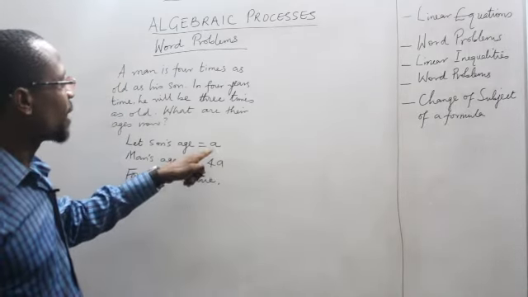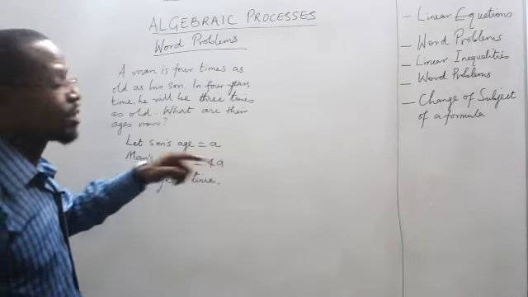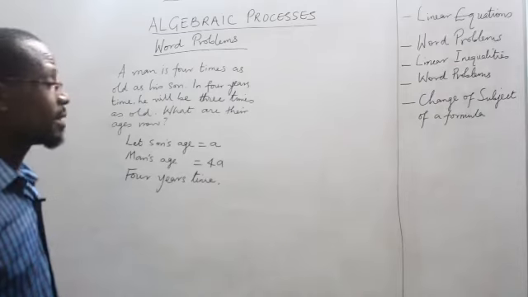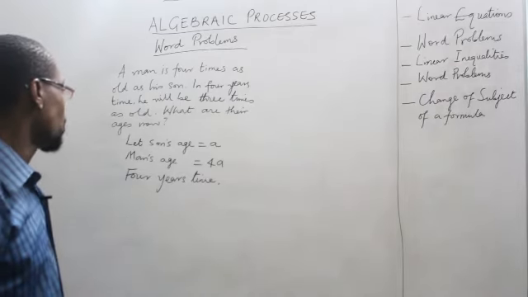In 4 years' time, the son would have added 4 years to his age, and also the man would have added 4 years to his own age.